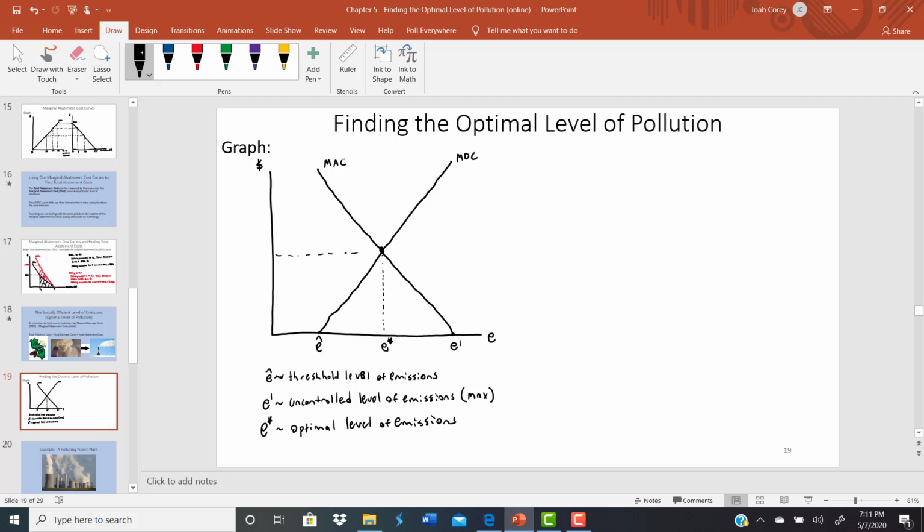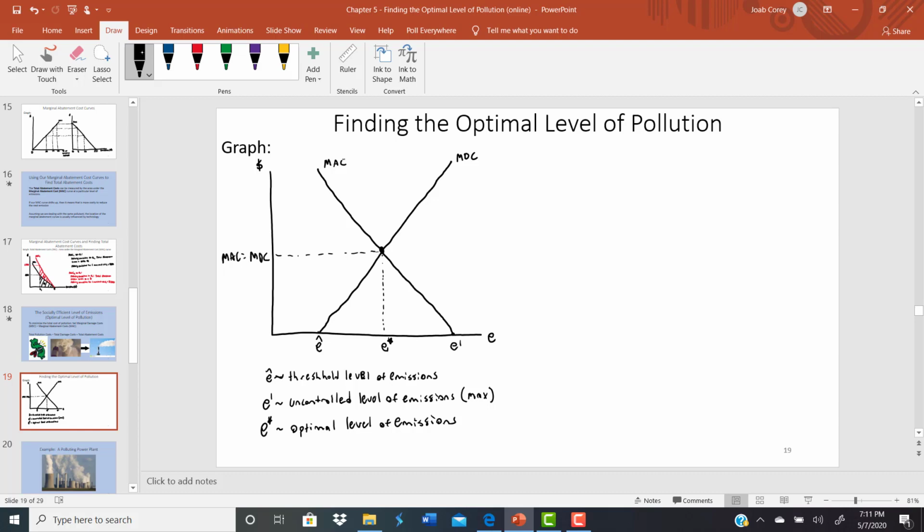And where those two curves intersect, that's where our marginal abatement costs are going to be equal to our marginal damage costs. Right now I'm just giving you the theory of the graph. We're not going to go through the math just yet. I want to make sure you understand what this graph looks like before we go through that math.